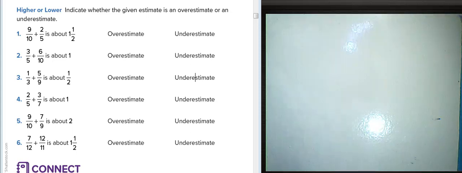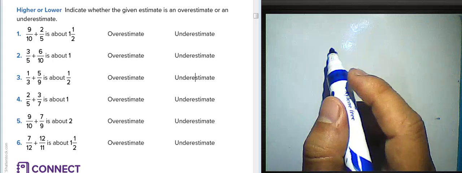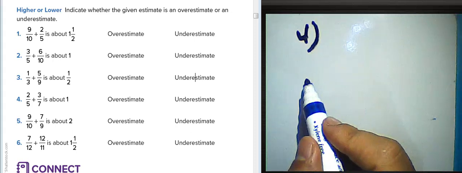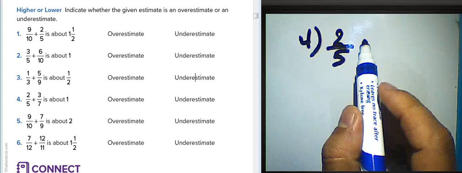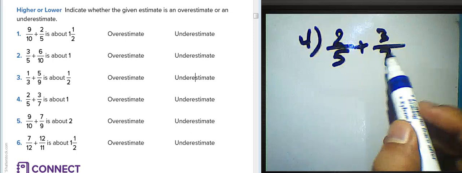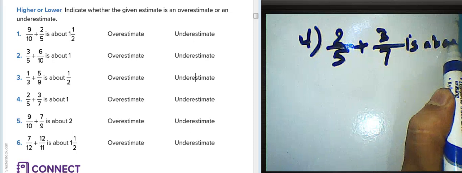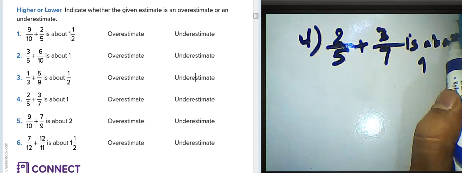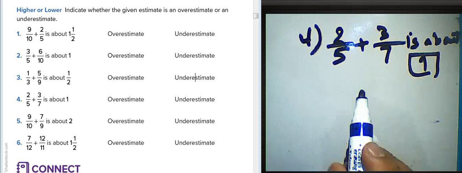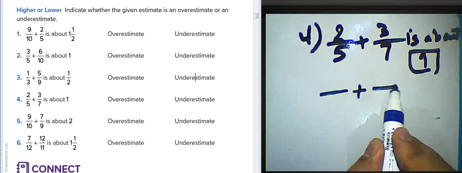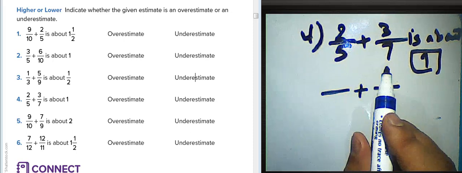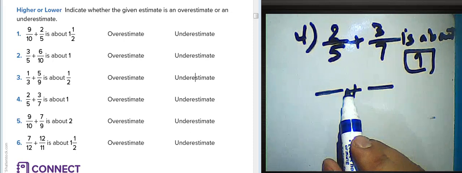Okay, look at the next one, question number 4. 2 over 5 plus 3 over 7 is about 1. Here the approximating number will be 1. And we must find the least common multiple of the two denominators, 5 and 7. Can 7 be divided by 5 or not?